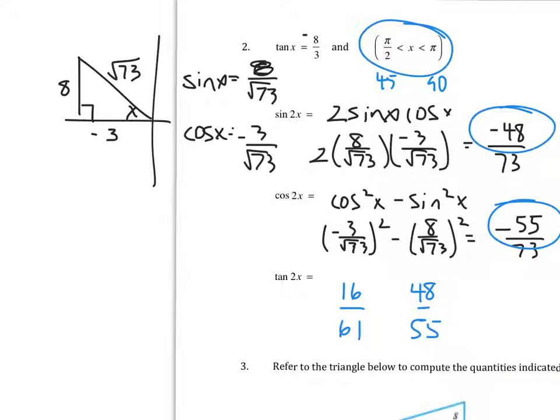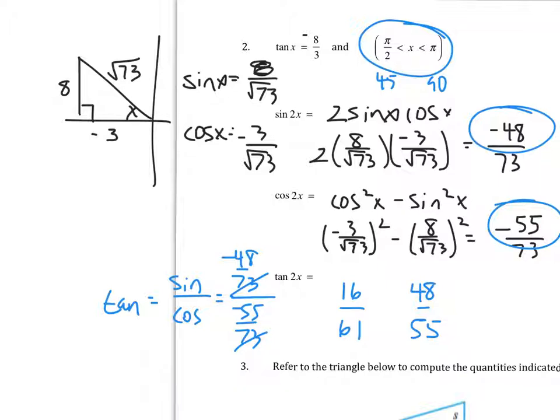I didn't point it out earlier, but the only reason I'm pointing it out now is because we came up with an answer that didn't show up. Is tangent the same thing as sine over cosine? So if we figured out sine to be negative 48 over 73, and cosine to be negative 55 over 73, wouldn't it make sense that tangent is then 48 over 55, or negative 48 over negative 55, which is, oh, Jake's mind just got blown there.